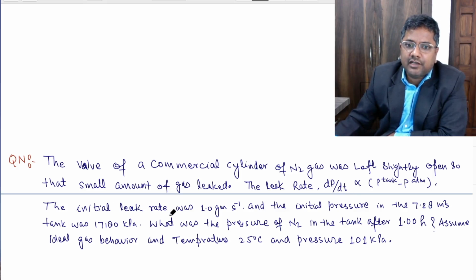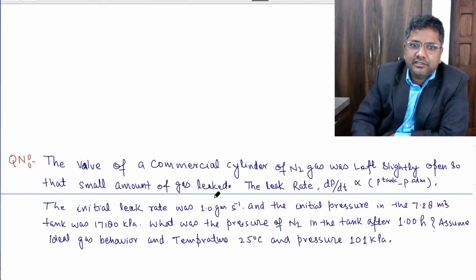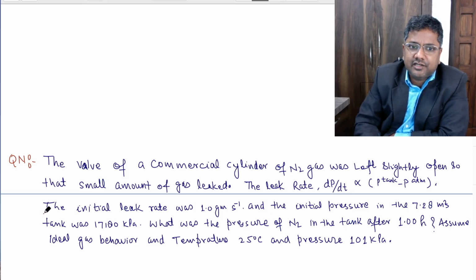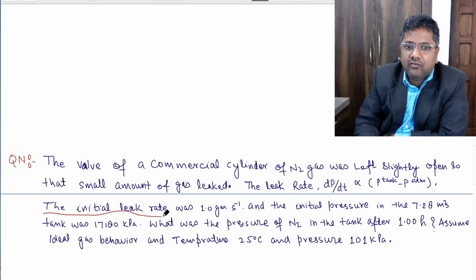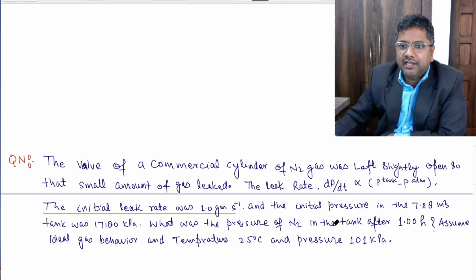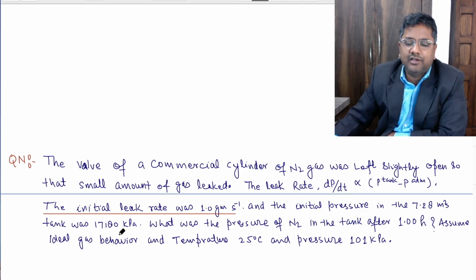The initial leak rate was this. See, this is a very important point. Initial leak rate. Why is this initial leak rate given here? What is the role of this? Very important information for solving this problem is this. And the initial pressure in the meter cube tank was 180 kilopascal.